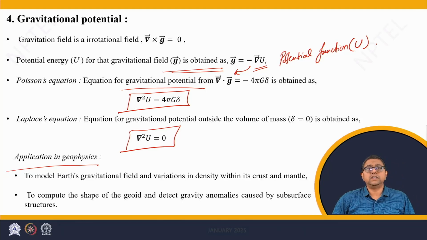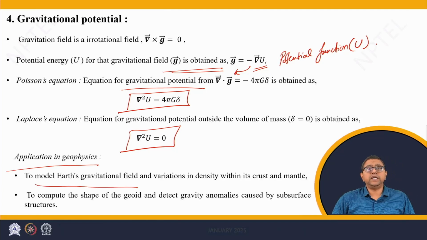Having discussed the various forms of the gravitational equations, we now move on to their application in geophysical studies. The gravitational potential and Earth's gravitational field are very interrelated concepts. The Earth's gravitational field is very appropriately modeled in terms of gravitational potential.